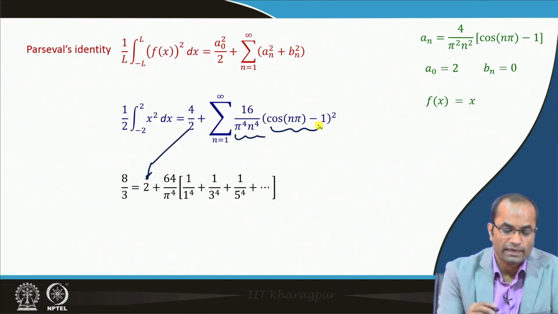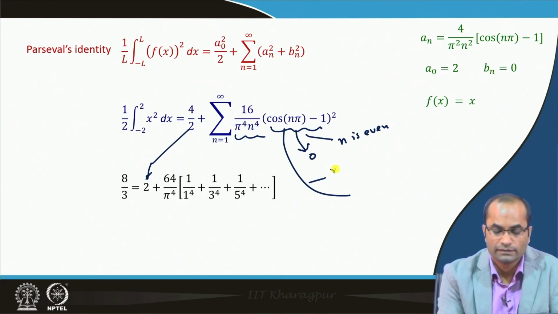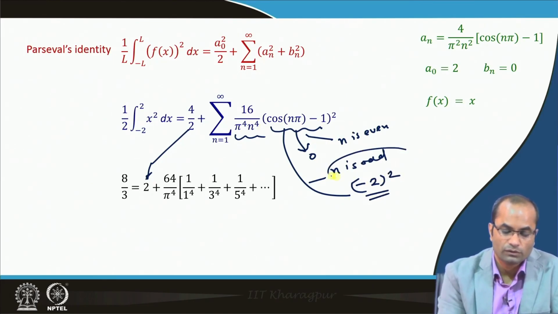So, when n is even, this will become 0, and when n is odd, this will become minus 2 whole square, meaning 4. So, only these odd terms will survive, and that too with a factor of 4.